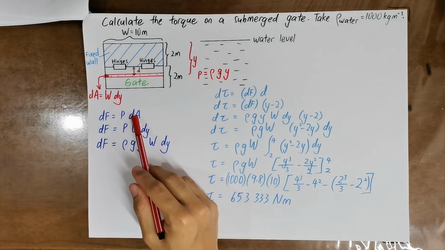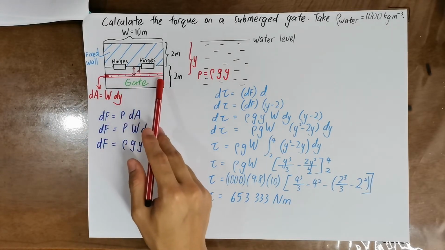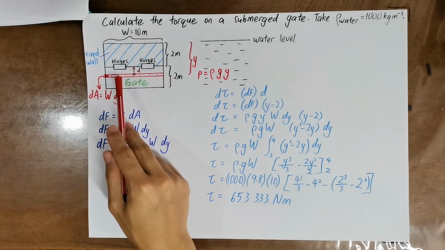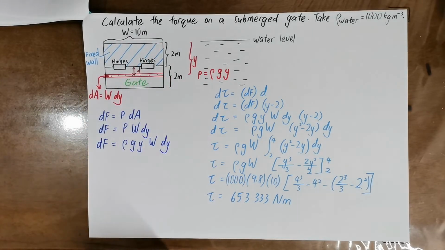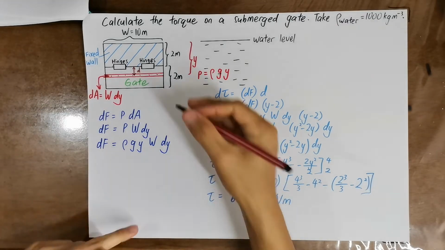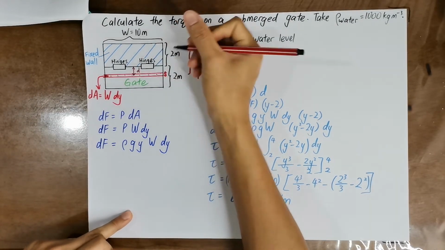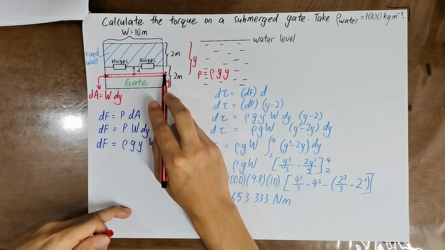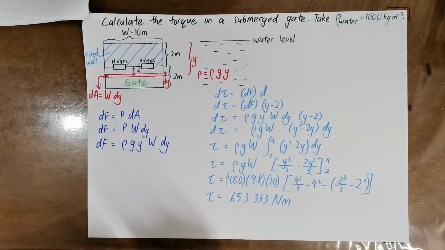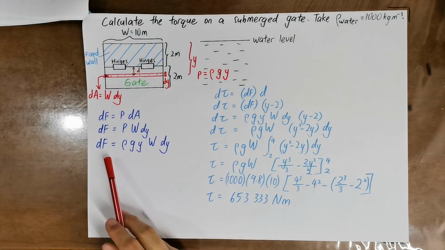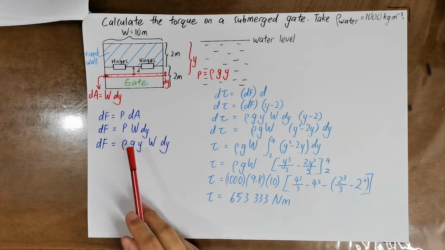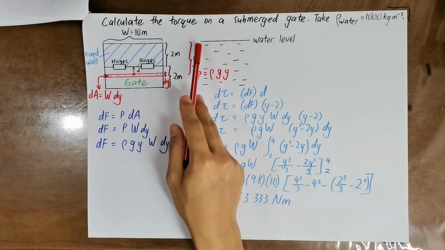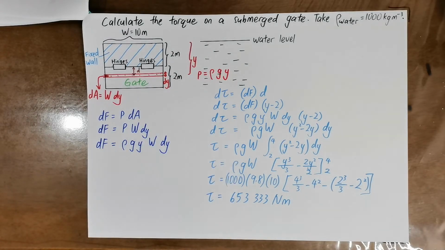The dA is the area of this tiny strip, which is W, the width, times dy. This is dy. So P equals rho gy, where y is calculated from the water level, from the water surface here.